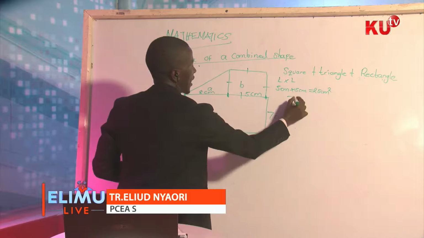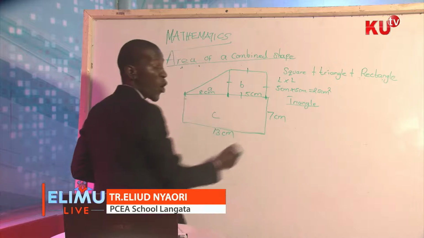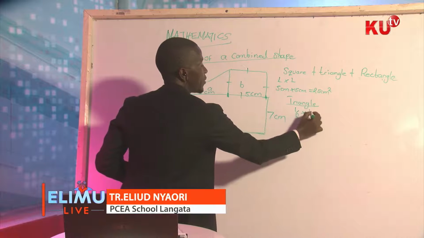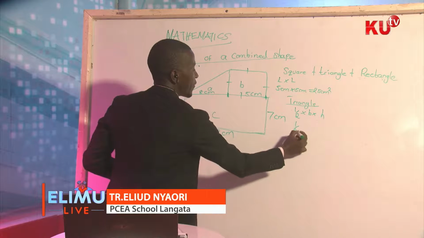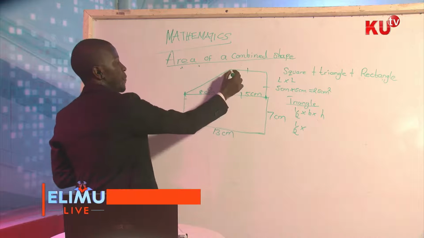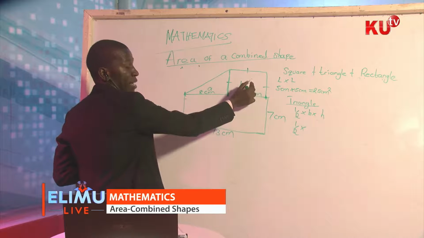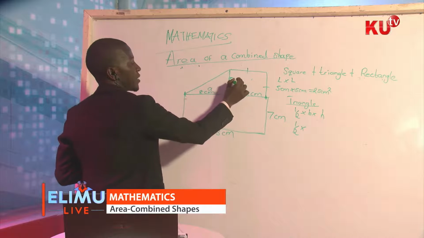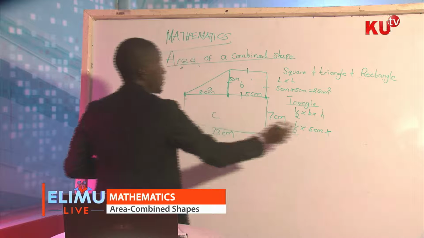Then we move to the triangle. Find the area of the triangle. The formula is equal to a half times base times height. So a half times base. What is our base? This is the base. Since this one is 5 and this is a square, it simply means all sides are equal. So this one is also 5 centimeters. So the base here is 5 centimeters times height.